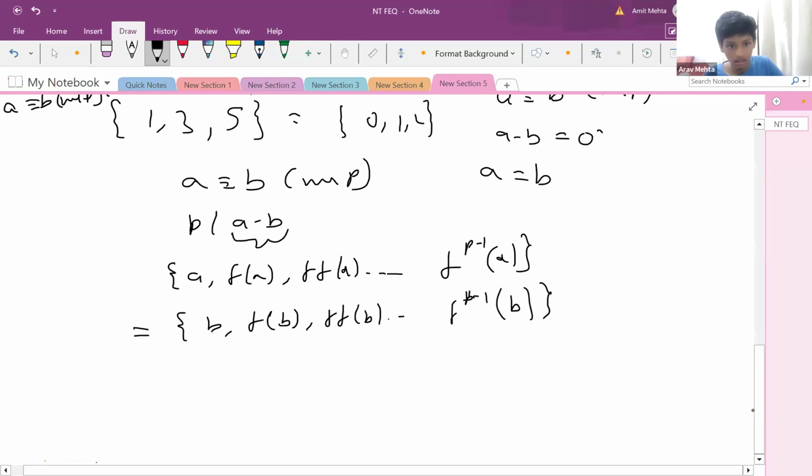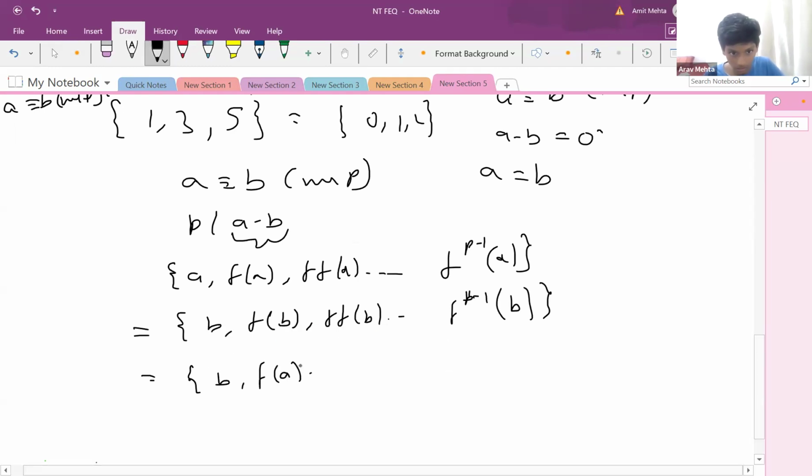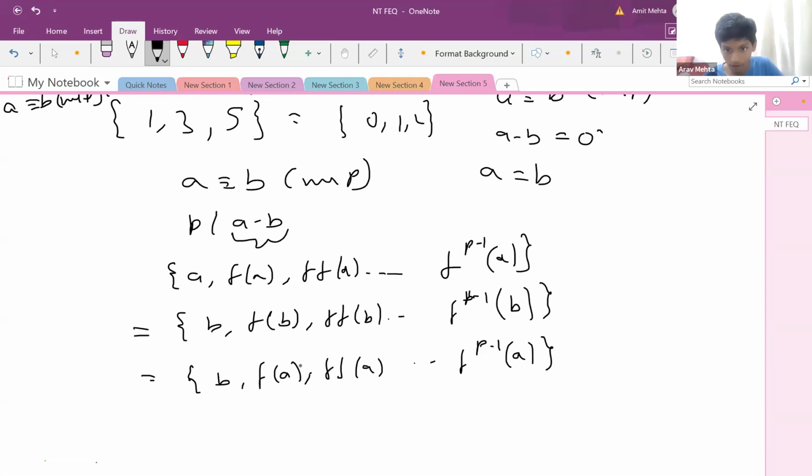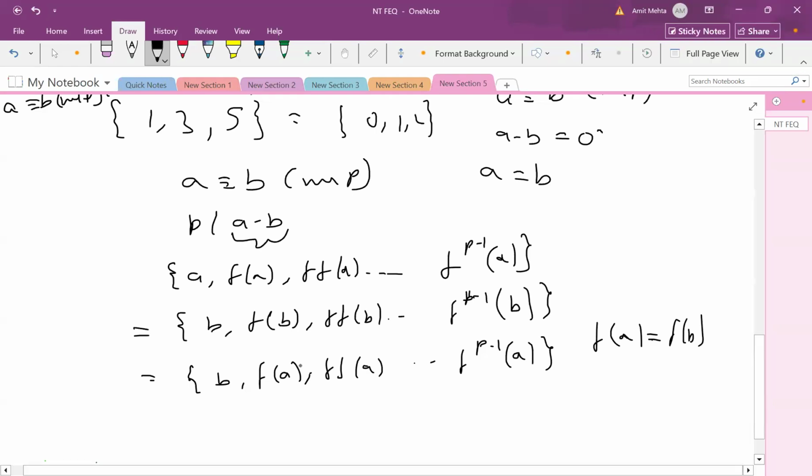However, we have that this is nothing but b, f of b, and so on, because f of a equals f of b. Does this make sense? Yeah, I got it.